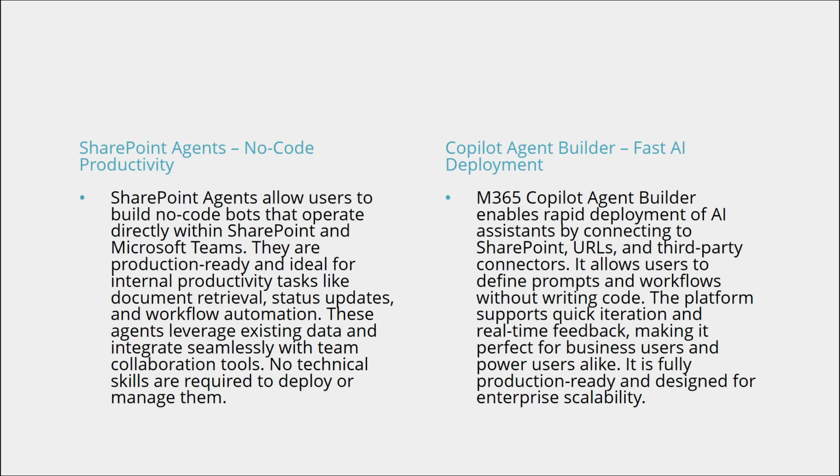We can store anything in SharePoint: files, images, videos. We have a document library. In SharePoint, we can develop production-ready AI agents for internal purposes. We have stored many documents in SharePoint, and whatever content is there, we can build AI agents on top of it.